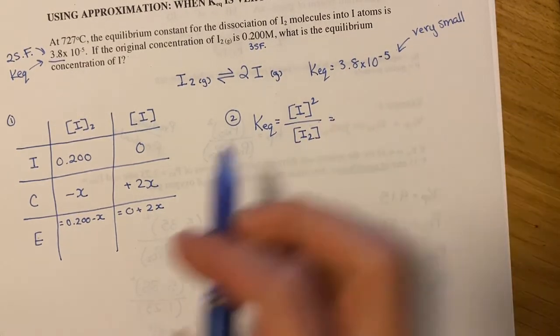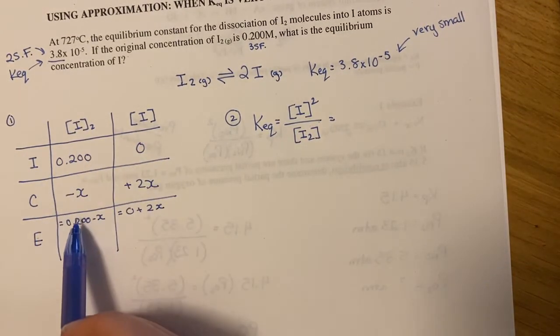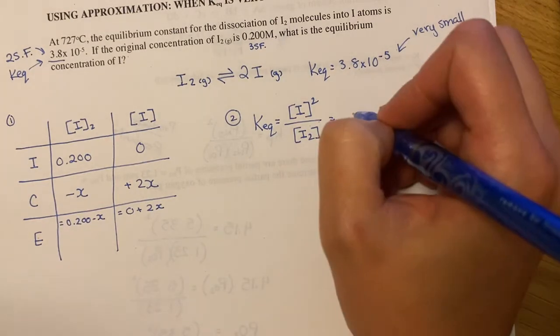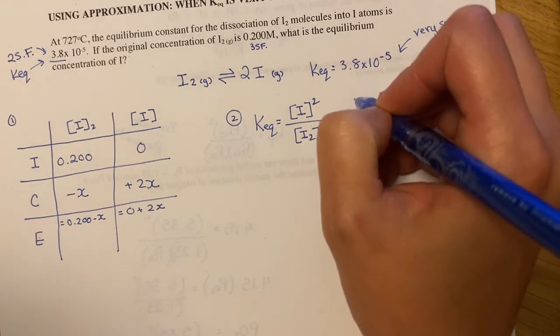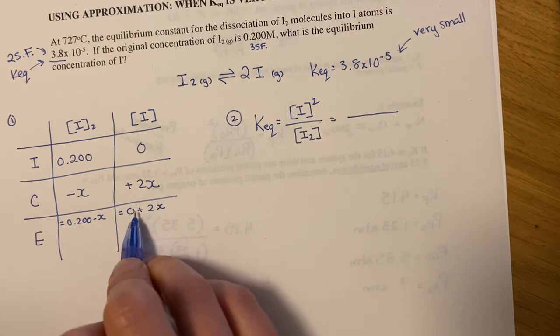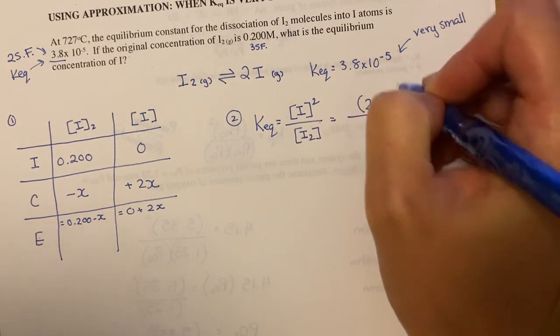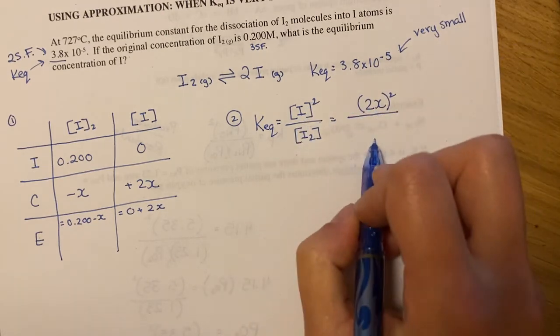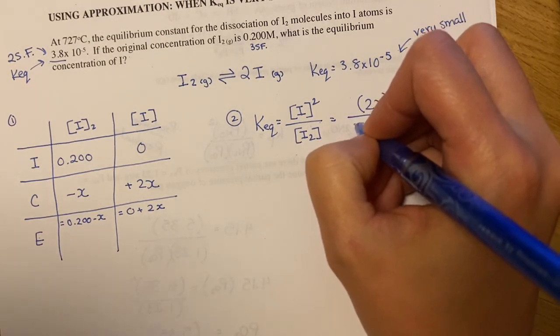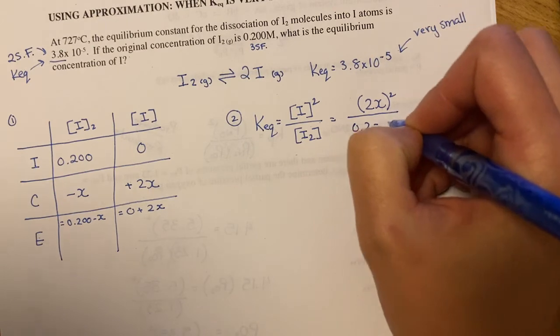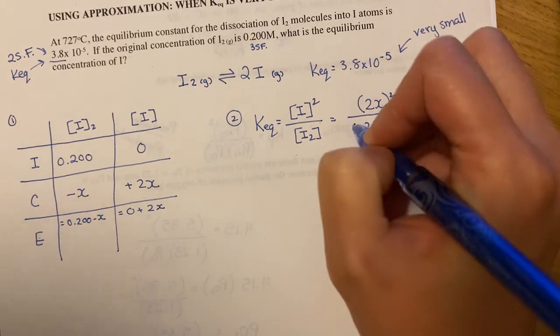We can sub in this stuff that we know. So here we've got 2x, squared for the squared there. And then this bottom line is 0.2 minus x.